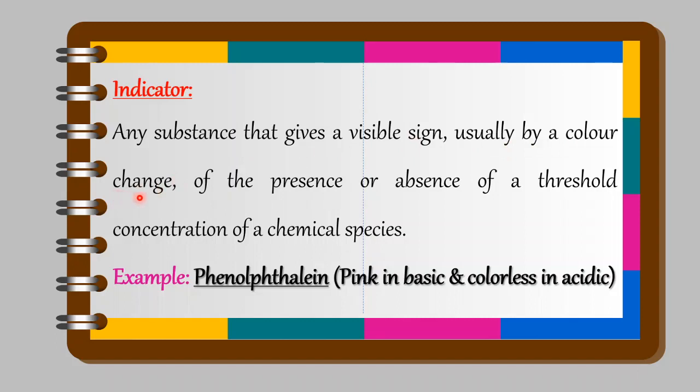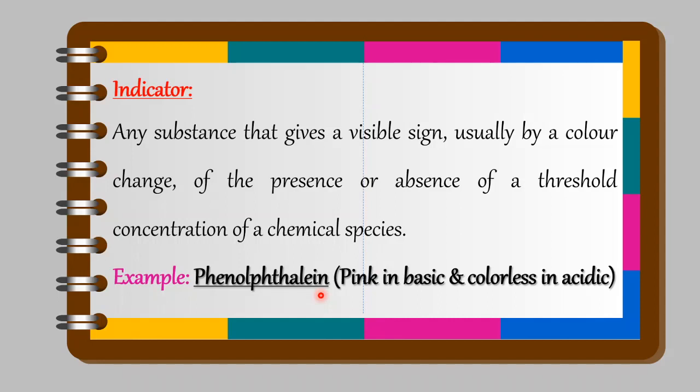So the indicator will have a different color in a different medium. For example, in this titration which I have taken, phenolphthalein is an indicator. Phenolphthalein, if present in the acidic medium, that is in benzoic acid, will be colorless.